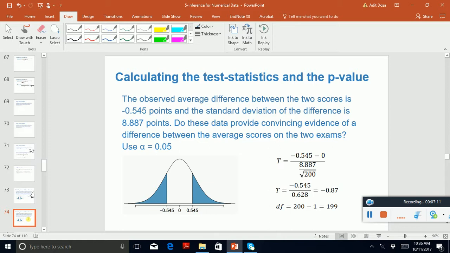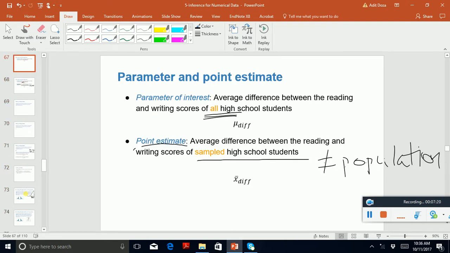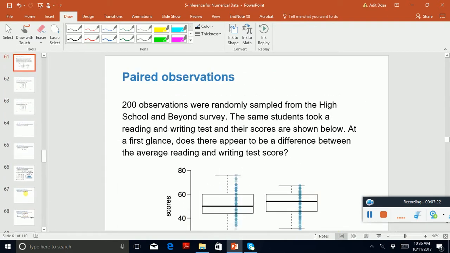Let me show you guys, because this is a t statistic, okay? It's not a normal. So let's look at the formula one more time.